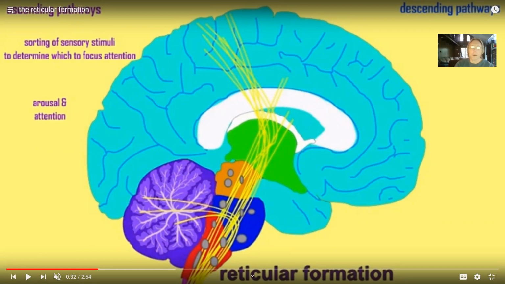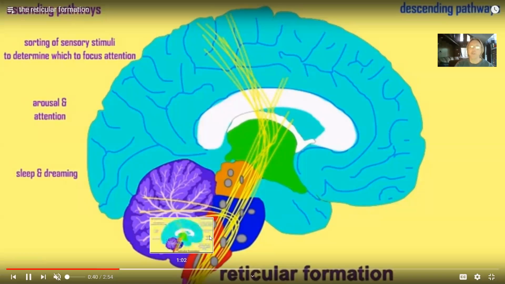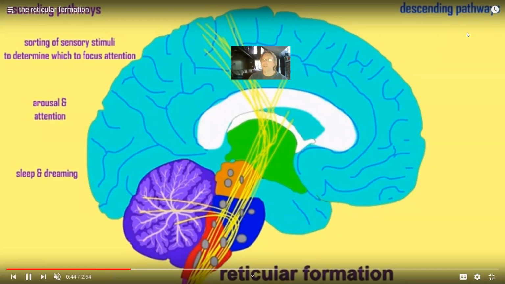There is gray matter associated with the ascending pathways that sort out sensory stimuli, determining where to focus our attention, determining arousal and attention, how alert we are, and regulating sleeping and dreaming. These gray nuclei do those tasks.